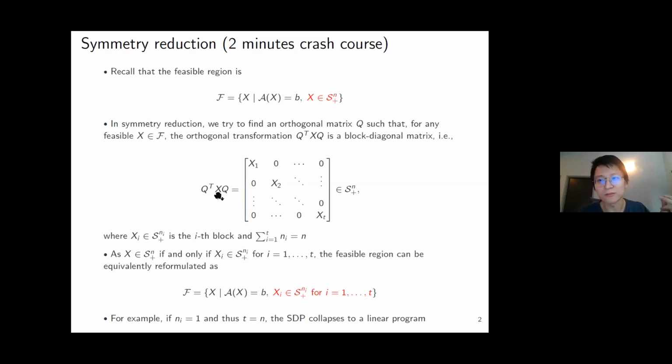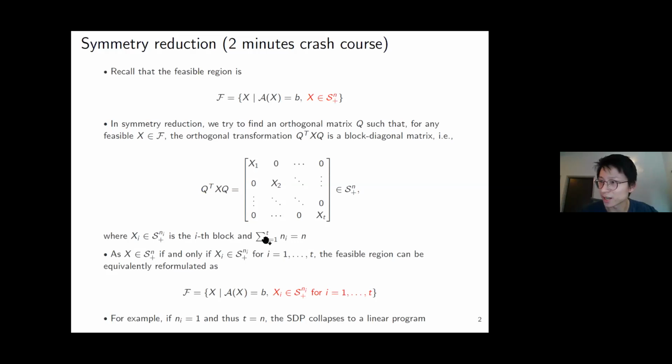So pick any feasible matrix X, compute this orthogonal transformation here, you always end up with a block diagonal matrix of the same form, where Xi is the ith block of size Ni by Ni.